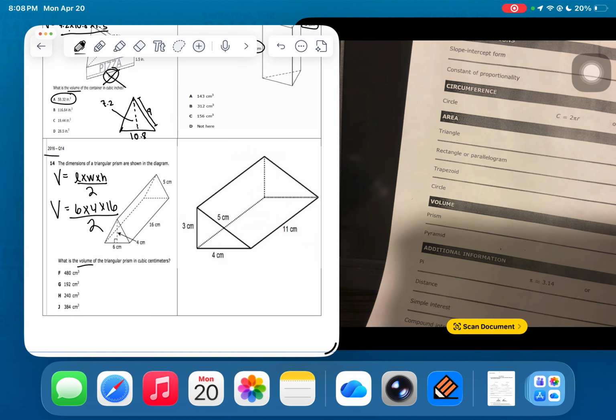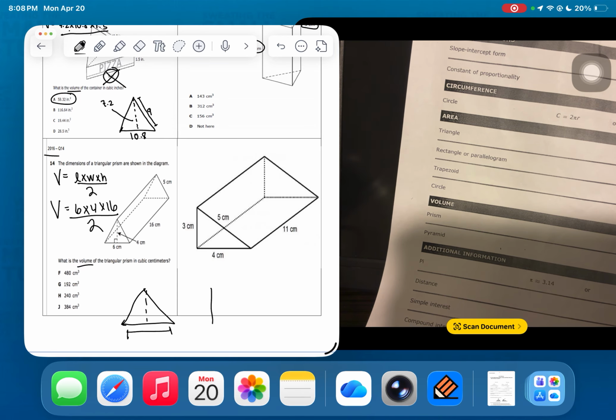Okay? And then, for the next one, I'm going to have your teachers check that you're getting rid of the one we don't need. This triangle is a little different. But again, we need the base and we need the height.